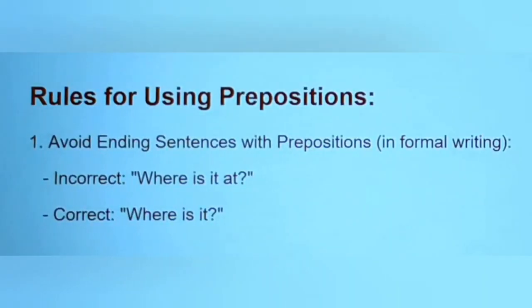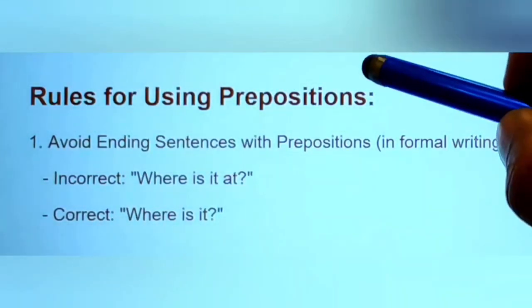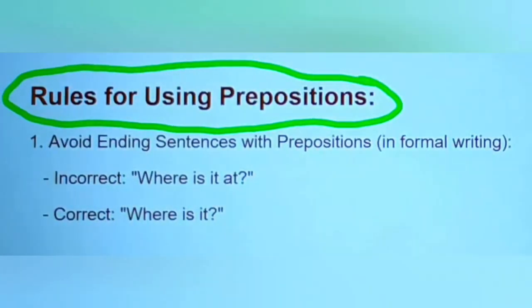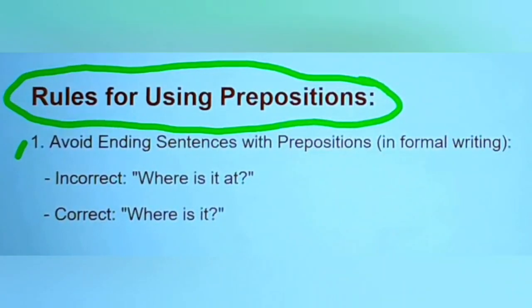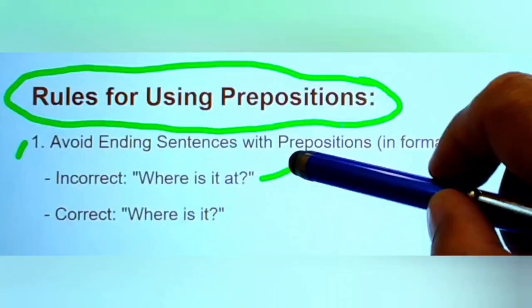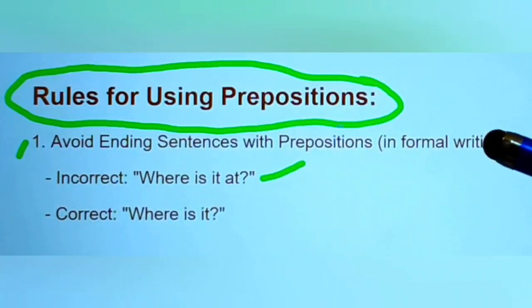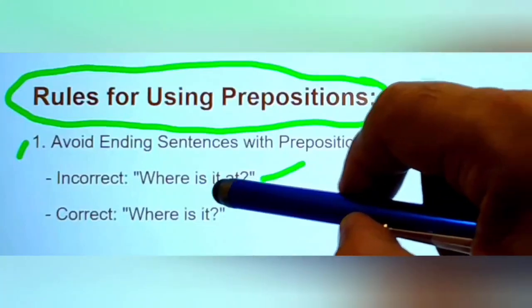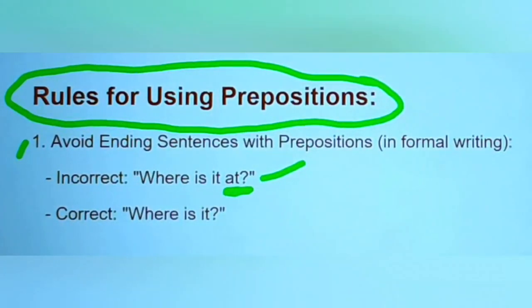Next, let's describe the rules for using prepositions. The first rule here is, avoid ending a sentence with a preposition in formal writing. Let's explain with an example. This example, where is it at? So ending with the preposition is incorrect.